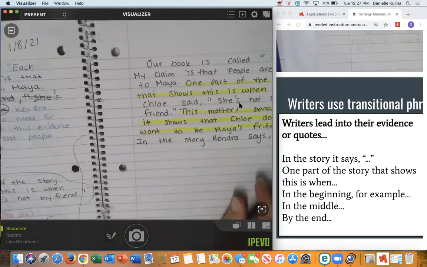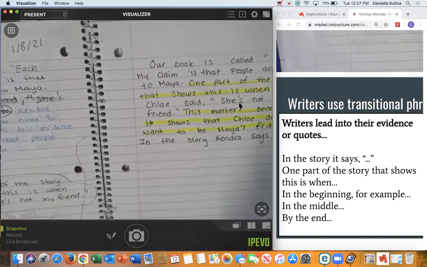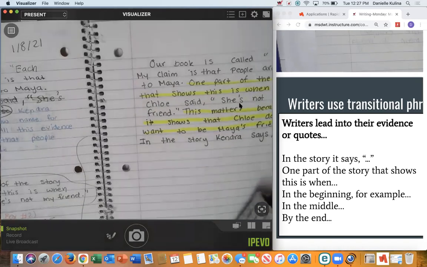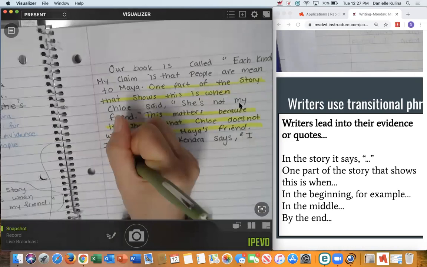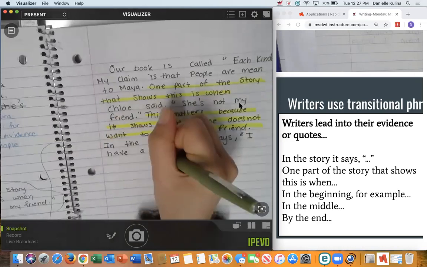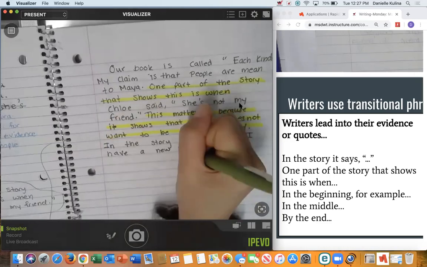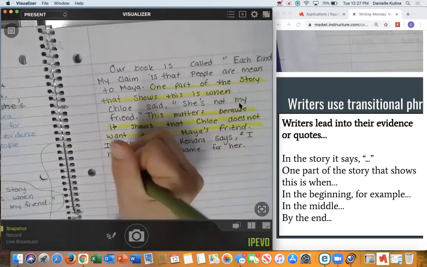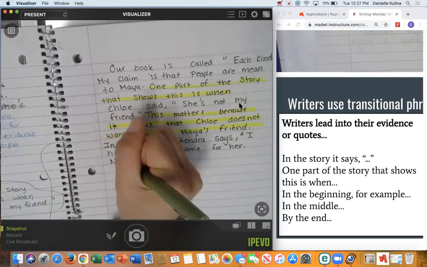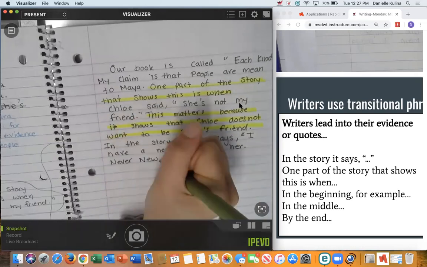And now look at your old paragraph and let's just say, what did she say? She says, I have, oh, sorry guys, I realize you can't see. A new name for her, period, never knew, period, end quote.